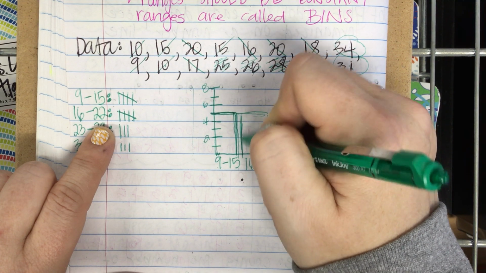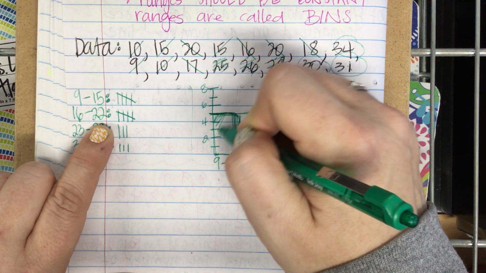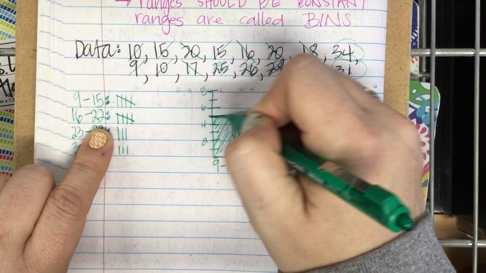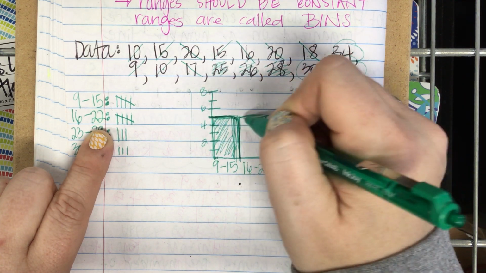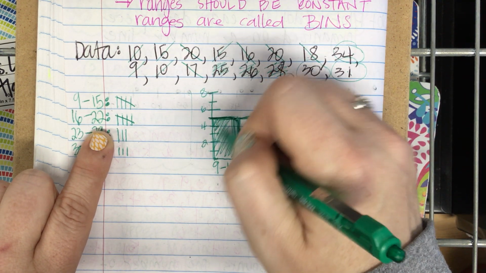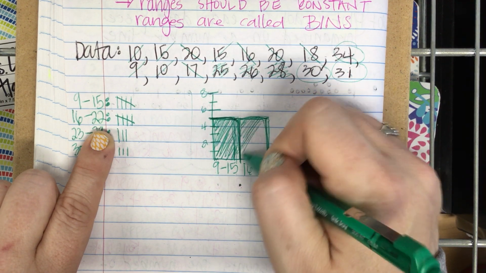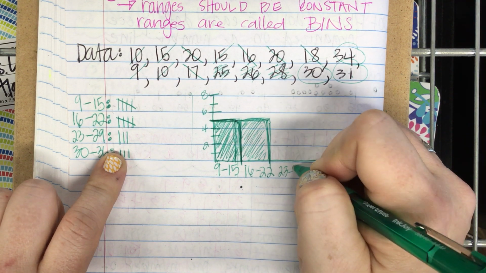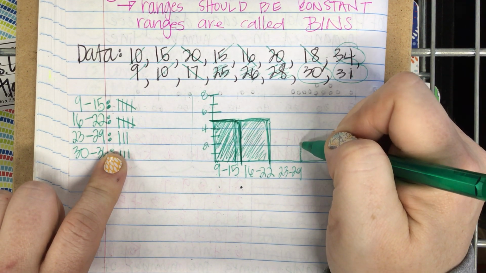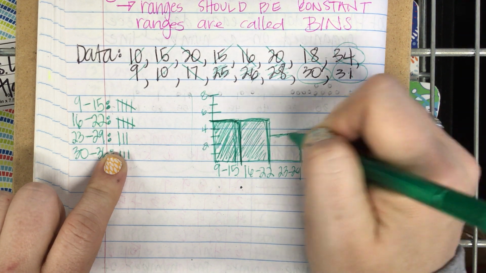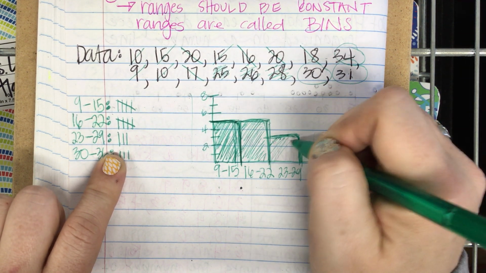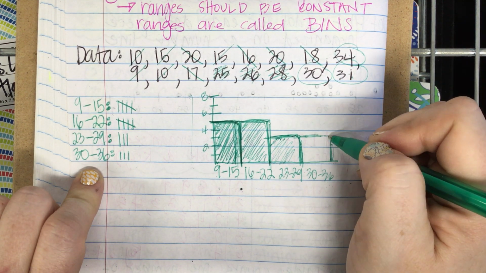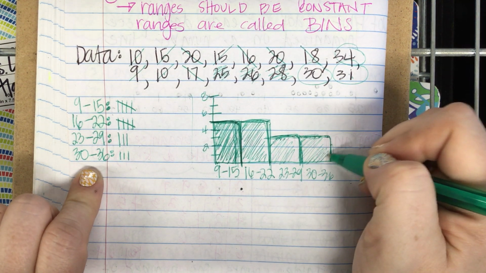I want my bins to be the same width so that it's not misleading, that you think the wider it is, the more data it has. And then 23 to 29 would be 3. And 30 to 36 is also 3. This is a histogram.